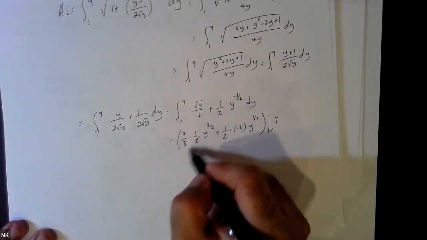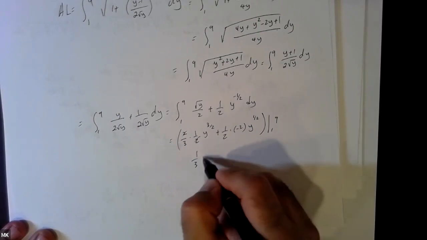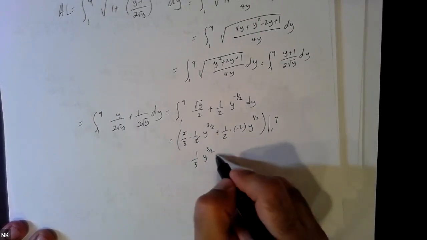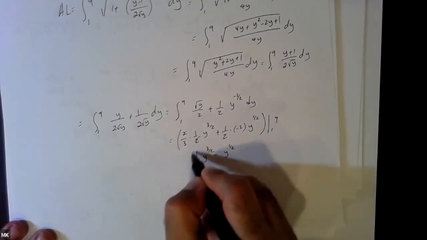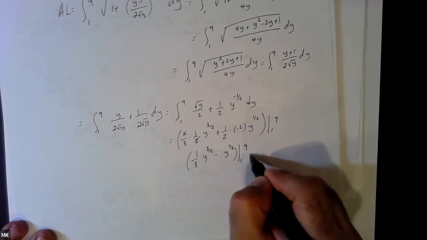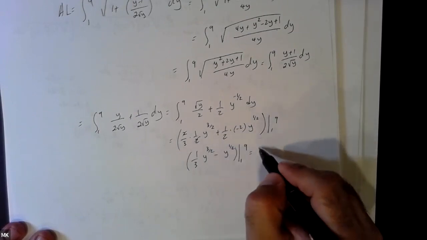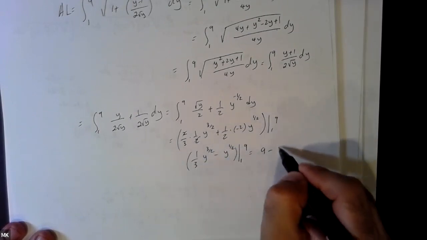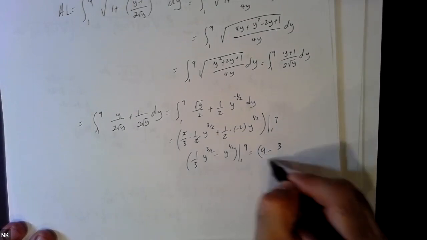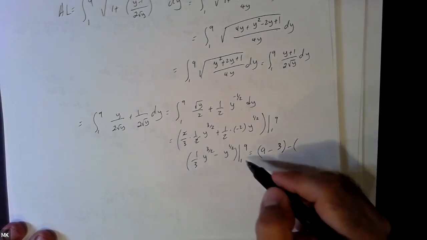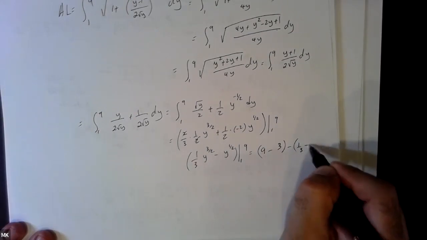Just basic calculations now. The 2's cancel out, you get 1/3 y to the 3/2 minus y to the 1/2, from 1 to 9. Square root of 9 is 3, cubed is 27, divided by 3 is 9. Then 1 is 1/3.